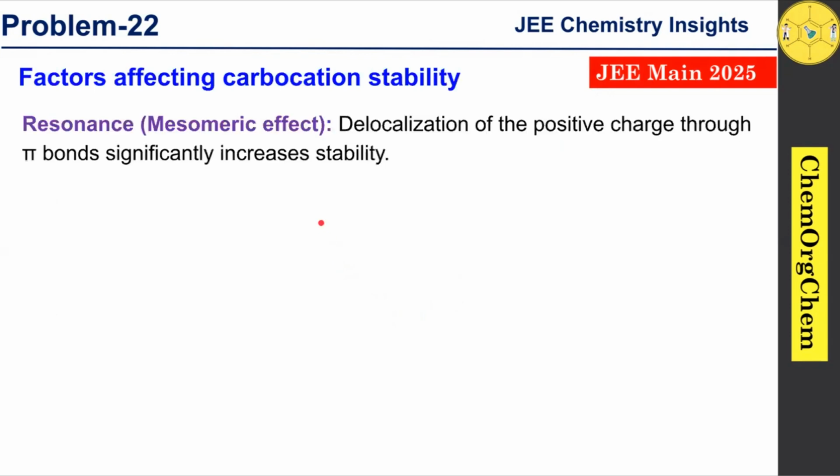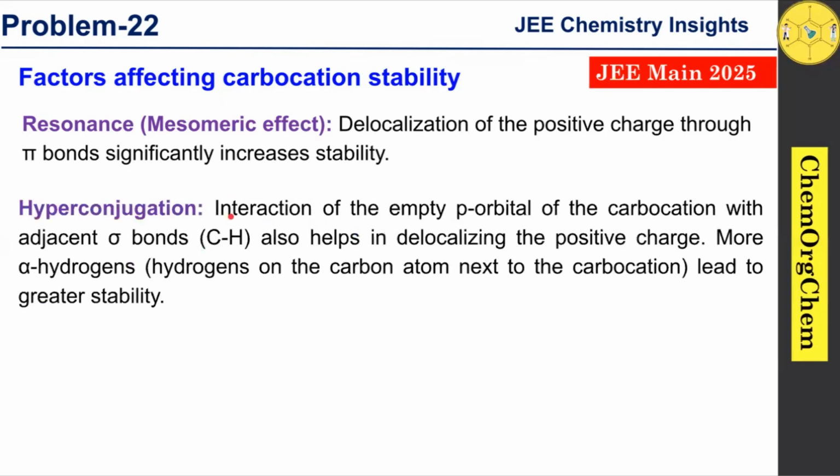The first one is resonance, the delocalization of the positive charge through pi bonds, which enhances the stability of the carbocation. The next one is hyperconjugation, the interaction of sigma bonds, usually C-H bonds, on the adjacent carbon with the empty p orbital of the carbocation.